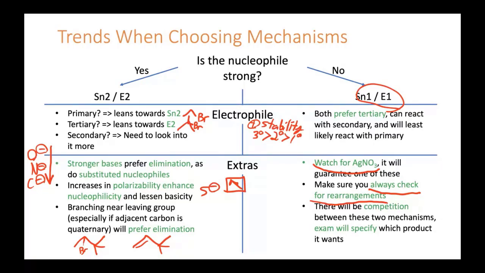Another way that they could specify is by not directly saying, give us the elimination product, but instead, they could only give you answer choices on your multiple choice, and all of those answer choices will have a double bond. So they could almost force you into a mechanism by not giving you any options for a substitution reaction. So again, just know that they will try and help y'all out with this SN1 and E1 competition.